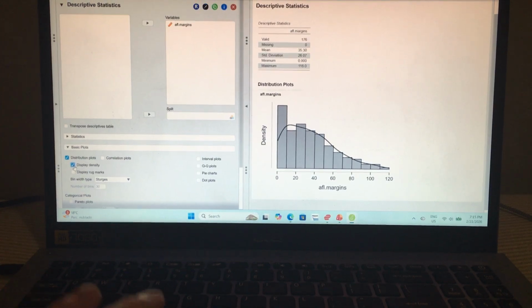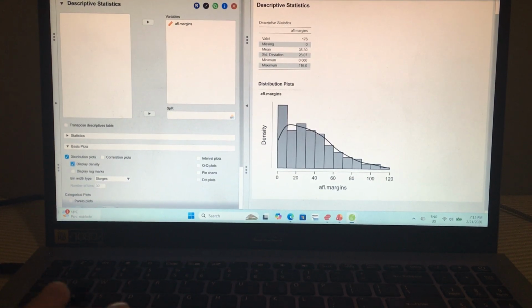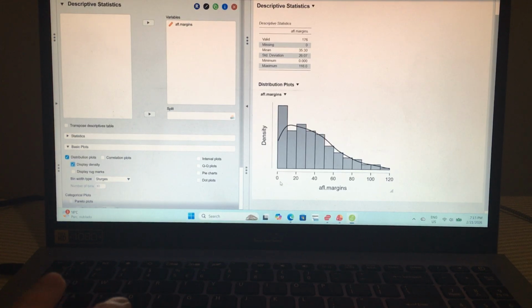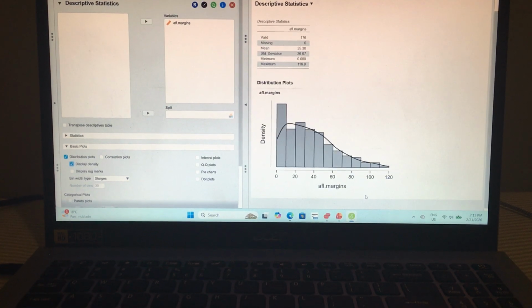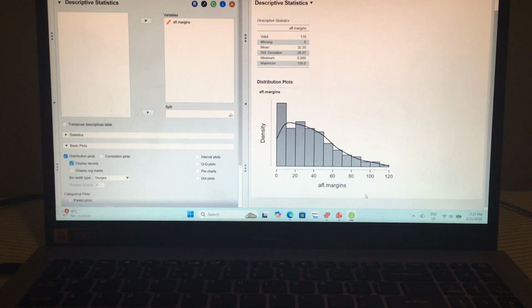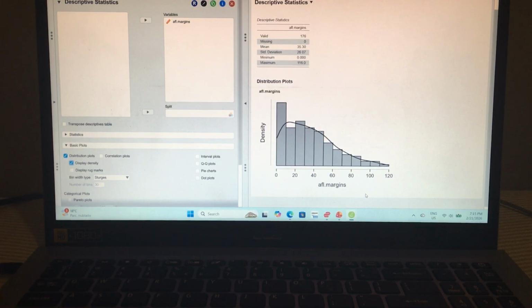As we can see, we have our AFL margins data, and it goes from 0 to 120, and we have a positively skewed data set. We're on page 28 and it matches figure 9.21. So we have the moderately positively skewed data set.